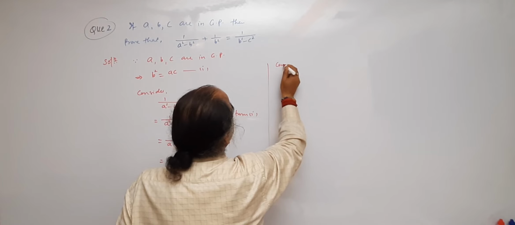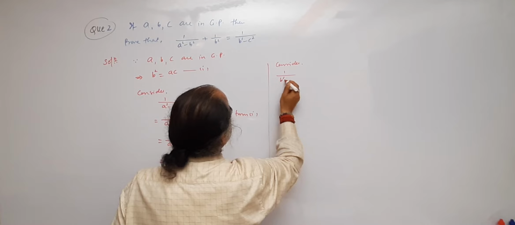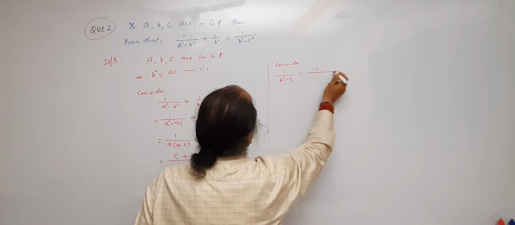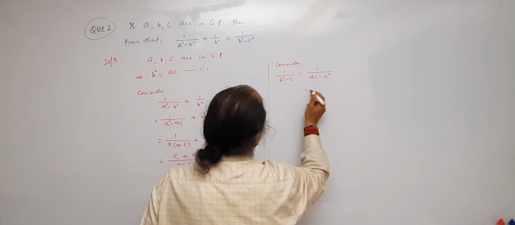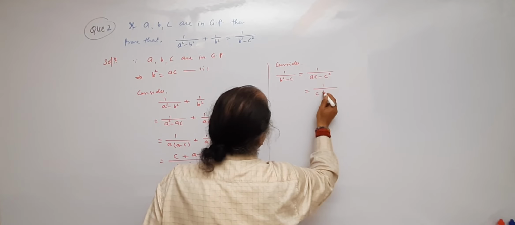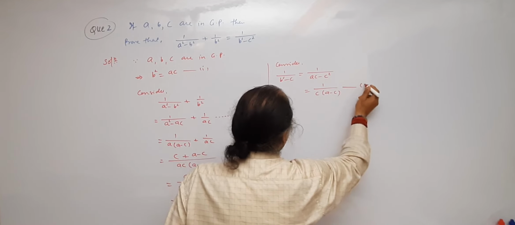Consider 1 upon b square minus c square. Since b square is ac, this is 1 upon ac minus c square. Taking c common, we get a minus c. Write this as equation double star.